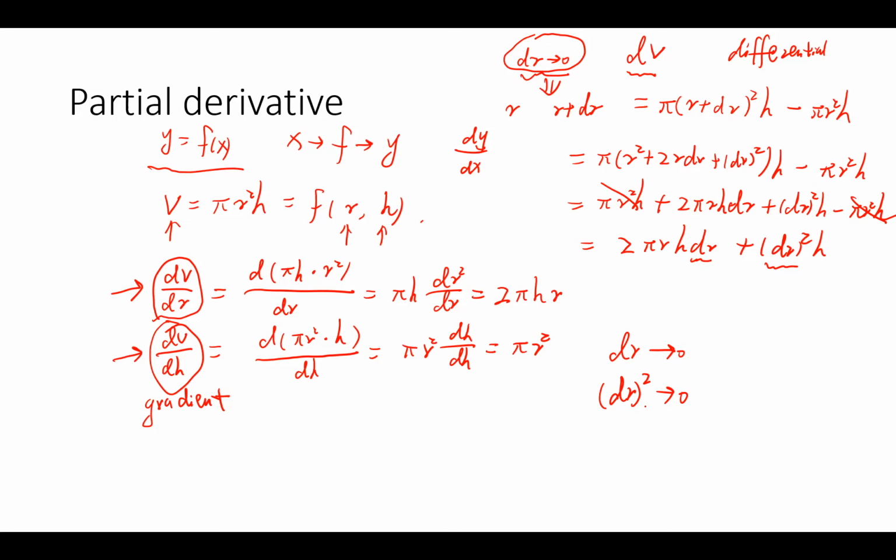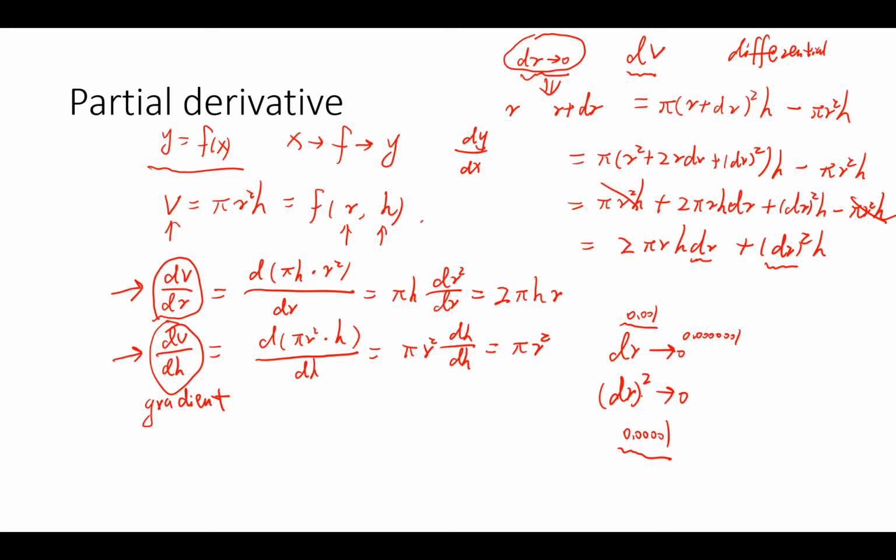So of course, when dr is very small, for example 0.001, dr square is going to be 0.000001. So when dr is taking a very small value, the second term, the dr square, is always going to be much smaller.